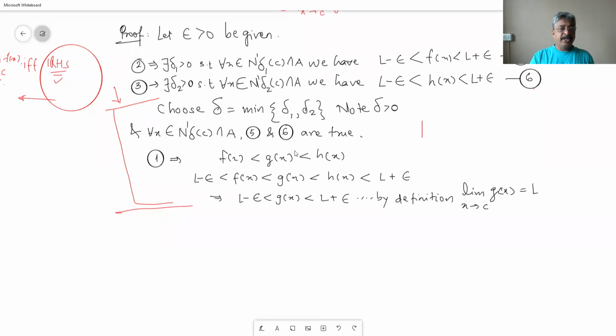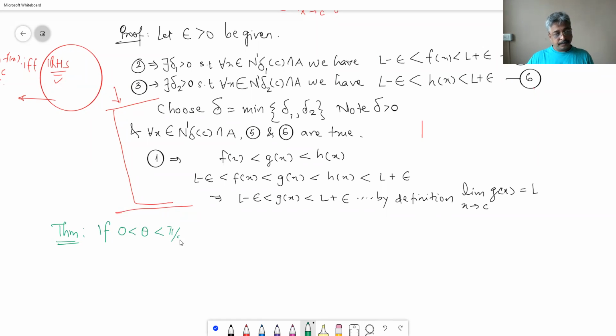If theta is between 0 to pi by 2, then prove that... Oh, it is a theorem.